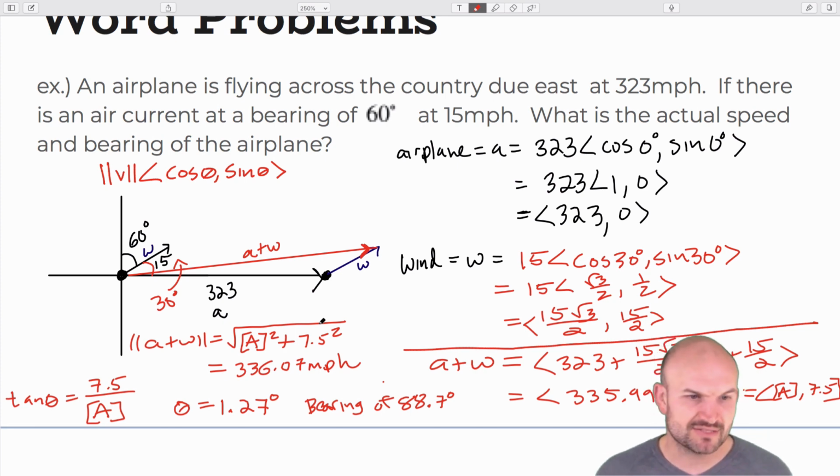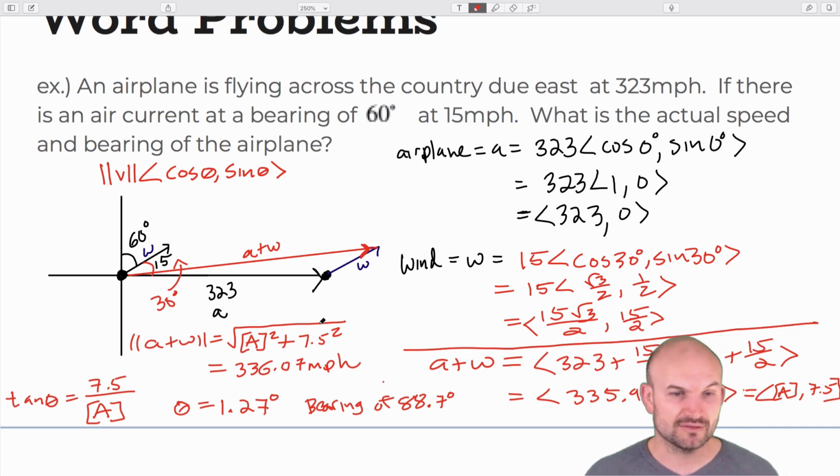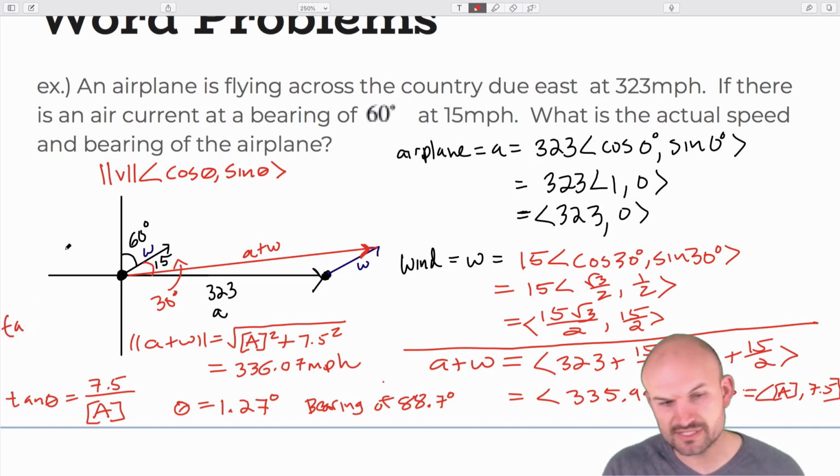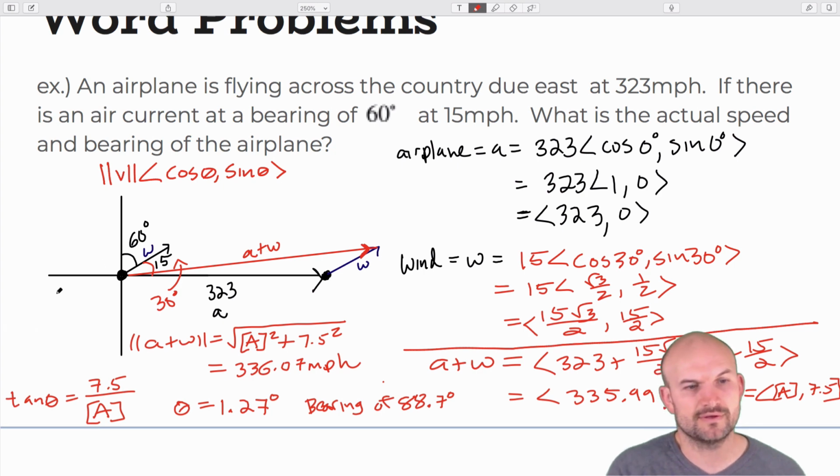And in the same respect, we have the angle of the vector. I do tangent inverse. Or sorry, I should probably write that in there, just because some students still get this wrong.